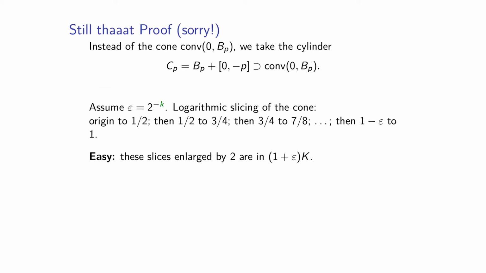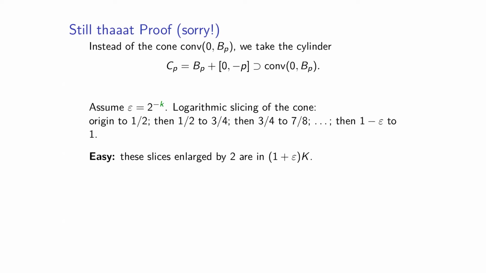That will be my first slice. Then I take from 1/2 to 3/4, that's my second slice. Then from 3/4 to 7/8, that's my third slice, and so on. This way I slice it up logarithmically.